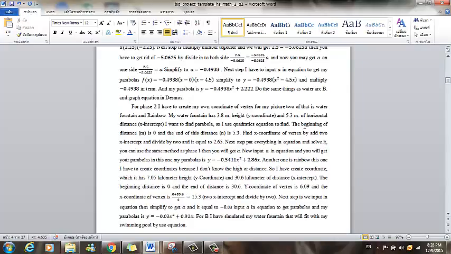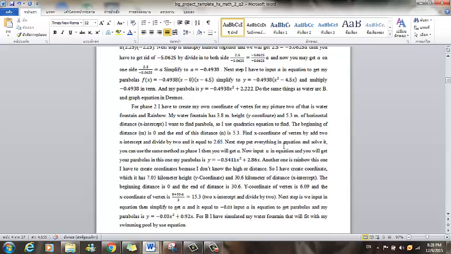The beginning of the distance is 0 and the end of the distance is 5.3. So we find the x coordinate of vertex by adding the two x-intercepts and dividing by 2, and it's going to equal 2.65, because we add 0 and 5.3 and then divide by 2.